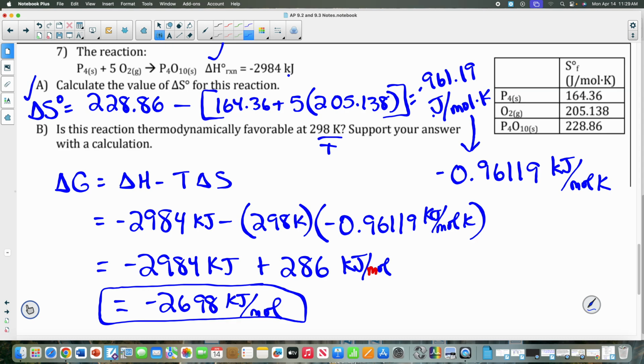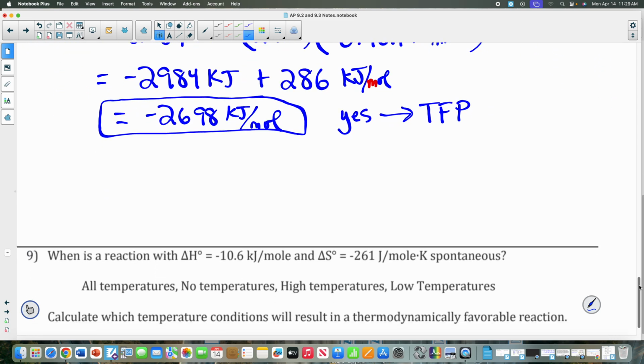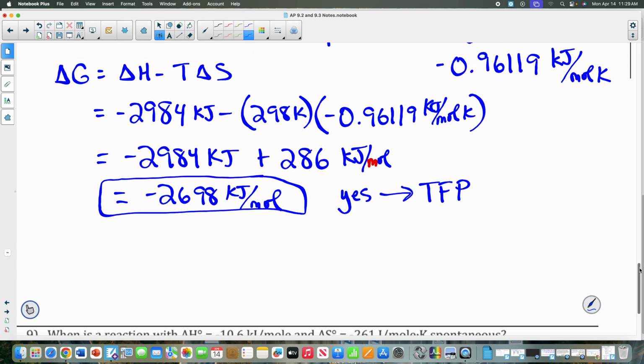Okay, so we got a negative value, so what does that mean for thermodynamic favorability? Favorable. Thumbs up? Yes. So delta S is negative, so that wouldn't be favorable on its own, but because delta H and delta G are negative, it's okay.